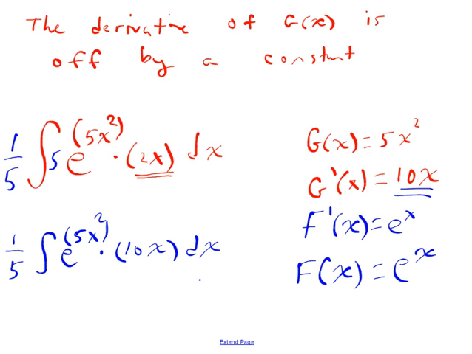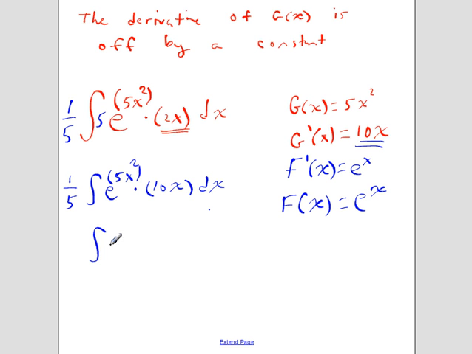The pattern is the integral of f prime of g of x times g prime of x dx. Of course, in this case, there's a constant out in front. So just like before, our solution is f of g of x.